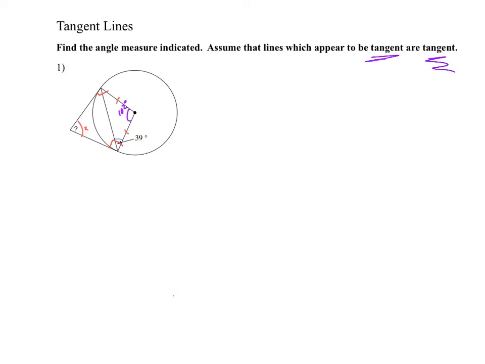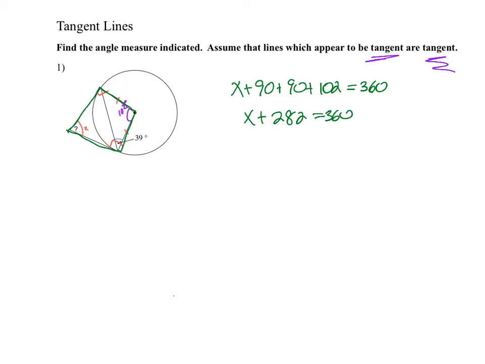So now I have a quadrilateral. x plus 90 plus 90 plus 102 equals 360 degrees. That means that x plus 282 equals 360, and if I subtract 282 on both sides, I have that x equals 78 degrees.